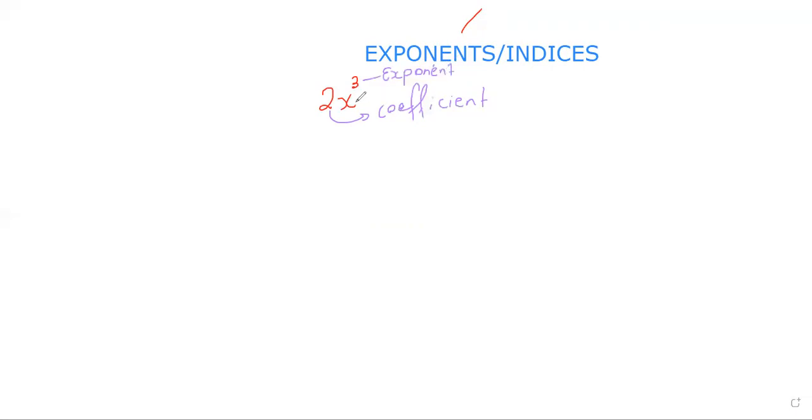And then this one is a base. That's an index. One index, two indices. And that's a base. A base and an exponent form a power.